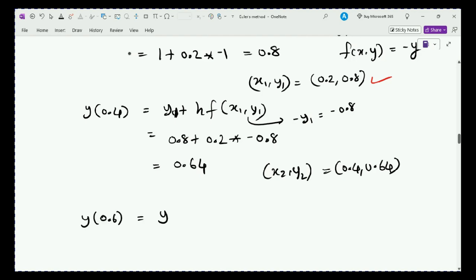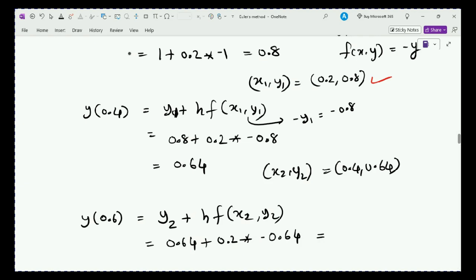Now we go for y of 0.6, equal to y2 plus h f of x2 y2. So y2 is 0.64, plus 0.2 into minus 0.64. If you do that, you will get 0.512.